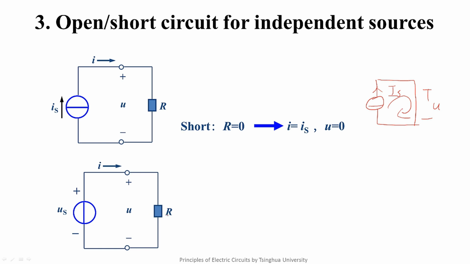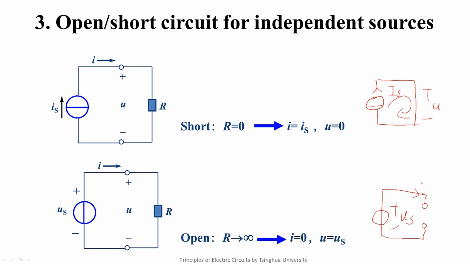If a voltage source is connected with a resistor, it is considered to be an open circuit. The circuit becomes this. This also has no problem. It is equivalent to the no-load condition of the battery. So I is equal to 0 and U is equal to US.